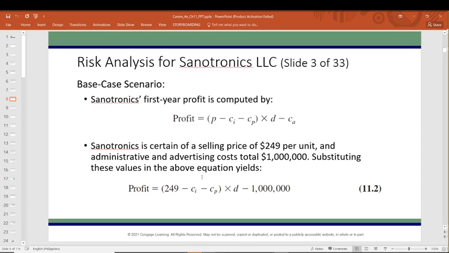So, to distribute, we have a selling price per unit of 249, and 1 million of advertising cost total.